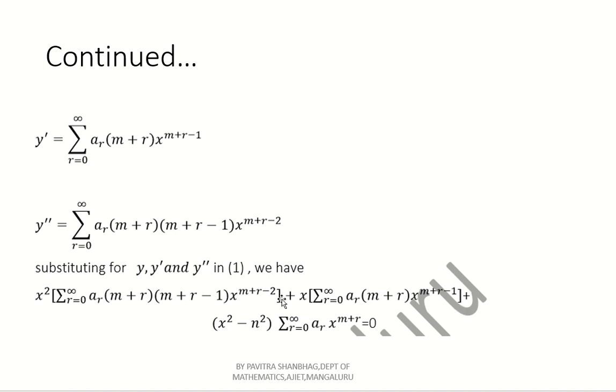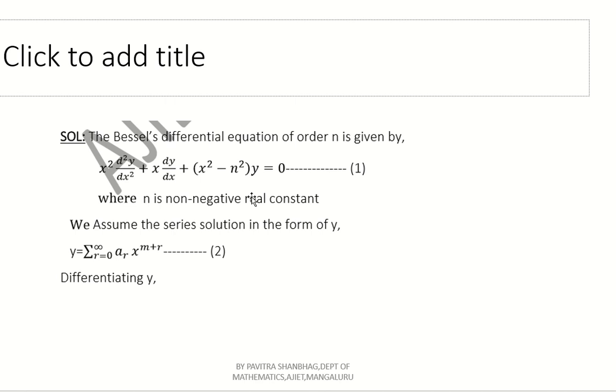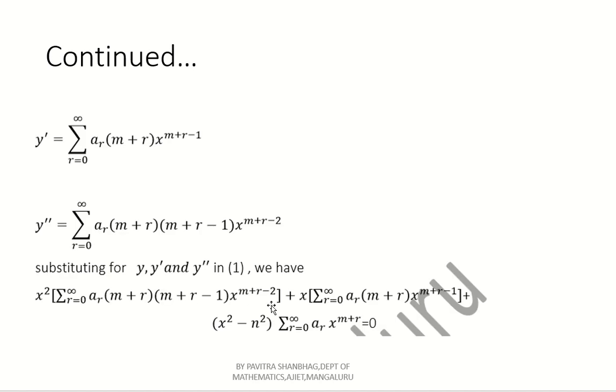Then what is the next expression? Plus, see here, (x² - n²) into y equal to 0. But what is y? This one, right? So plus (x² - n²) into y, where y means summation r from 0 to infinity a_r x^(m+r), equal to 0.